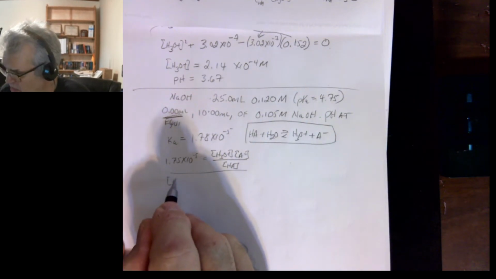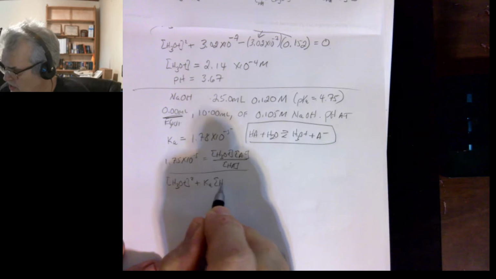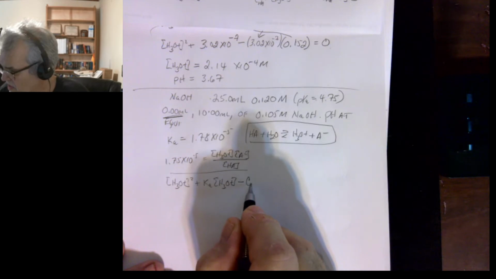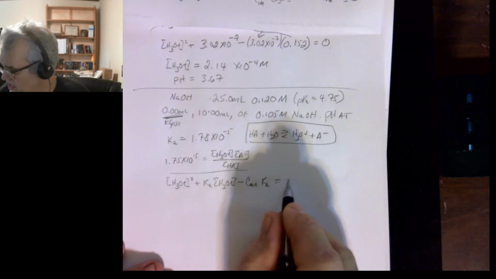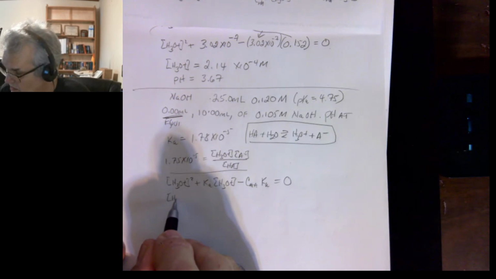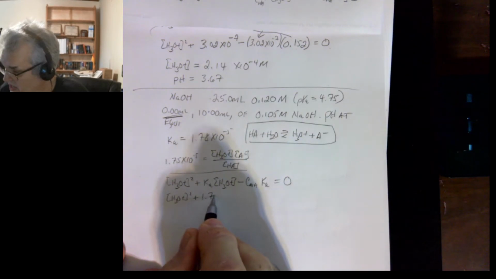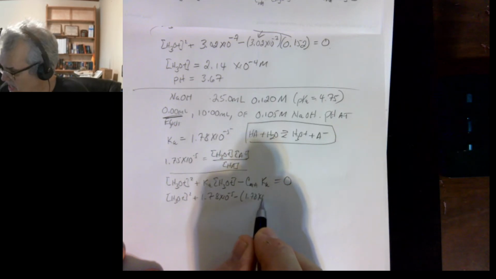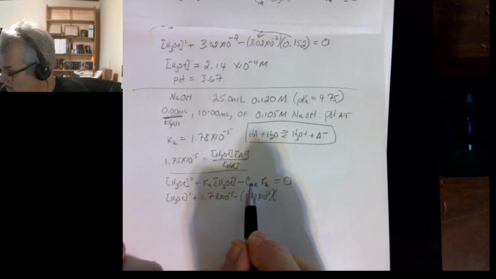The quadratic always ends up being H3O plus squared plus Ka times H3O plus minus Ka times CHA. So I did the CHA first, sorry, equals 0. So in this case, that gives us H3O plus squared plus Ka. What's our Ka? 1.78 times 10 to the negative 5th, minus 1.78 times 10 to the negative 5th times our CHA, that's our analytical concentration.